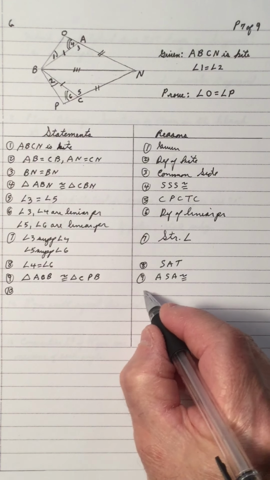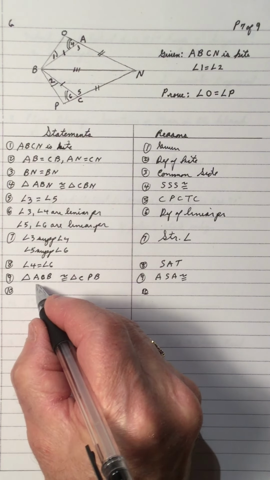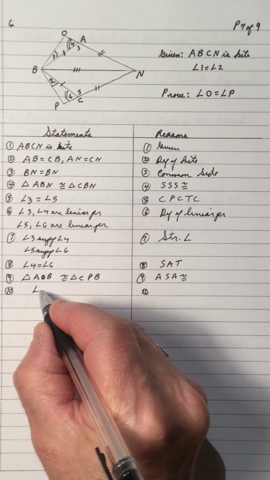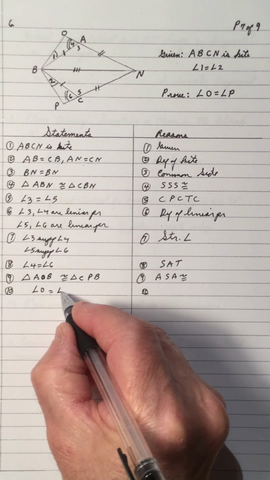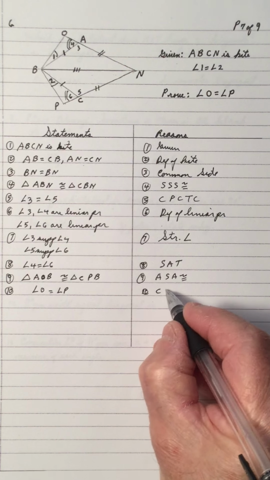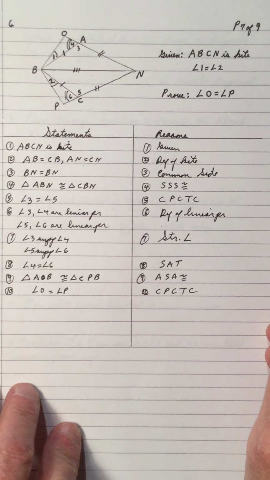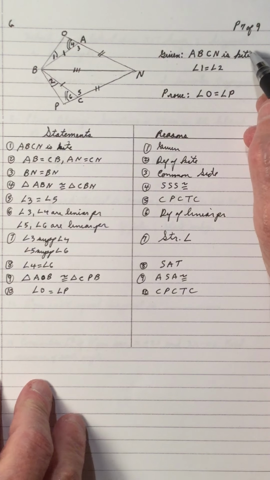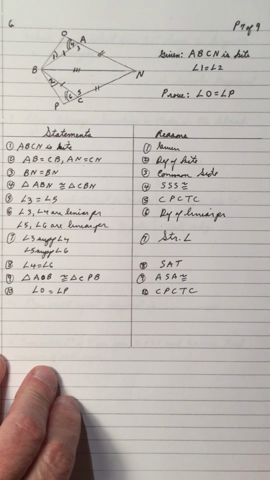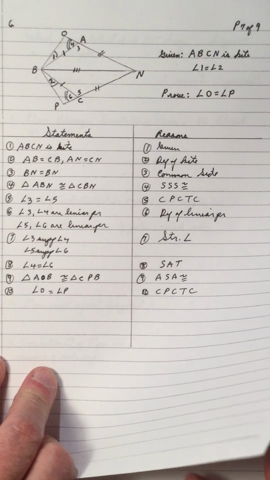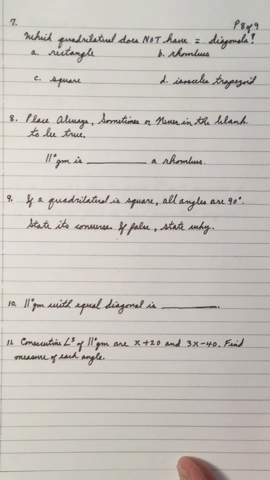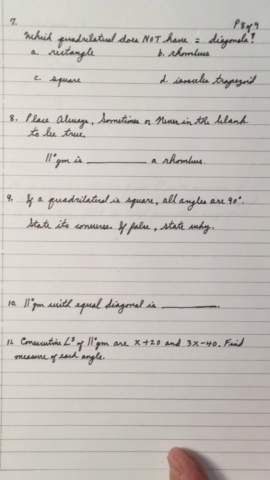And number 10, angle O is equal to angle P, CPCTC. So we use the properties of a kite to help us prove the triangles are congruent. Okay, some more.